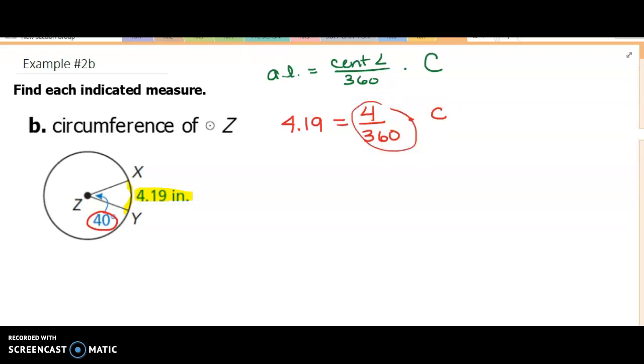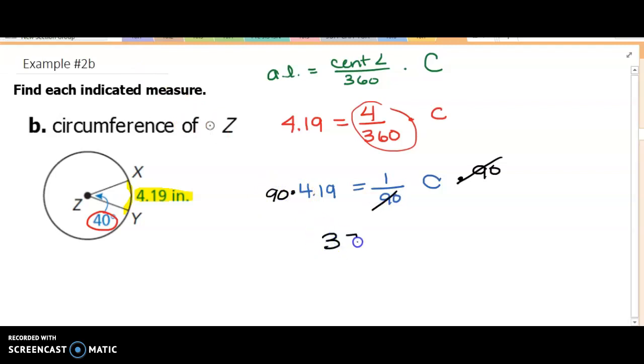Well, 4 over 360, guys, is just 1 over 90. Okay, so here all I have to do is multiply both sides by 90, because when I do, that goes away. And when I put that into my calculator, I get 377.1 equals my circumference.